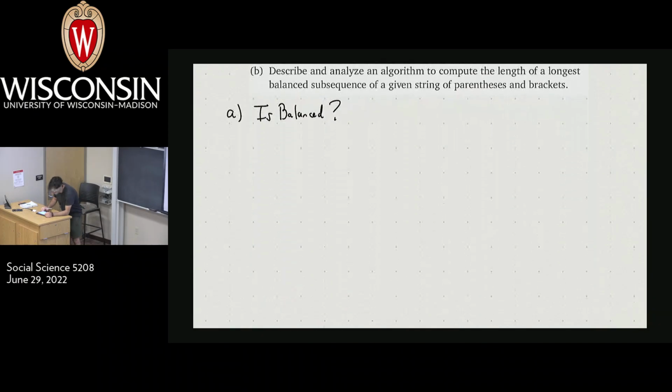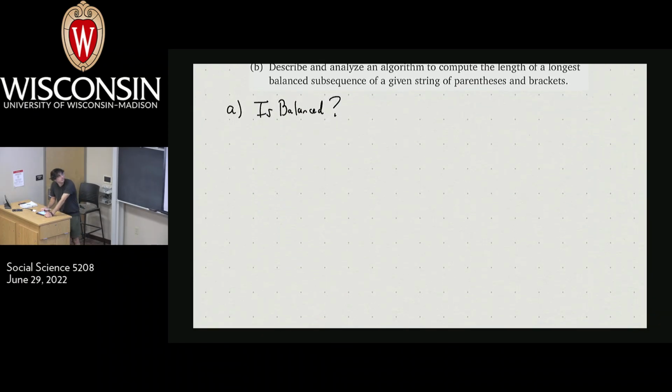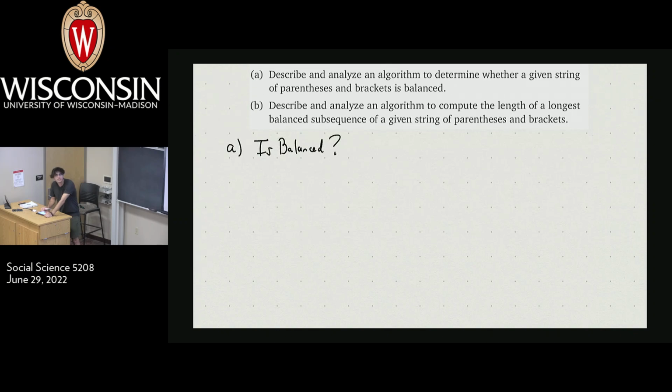That's nice, but we want to DP-ify it, so we need some kind of index formulation. So let's define isBal(i, j) to be true if and only if our input string, the subsection a_i through a_j, is balanced.